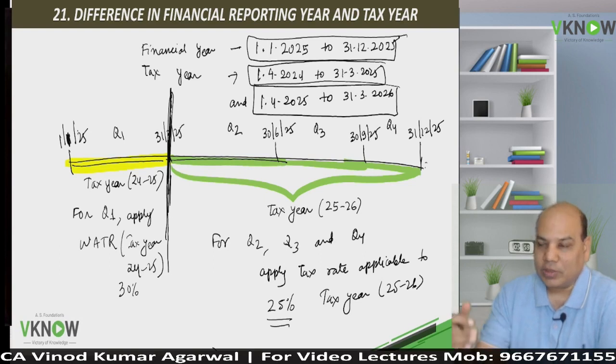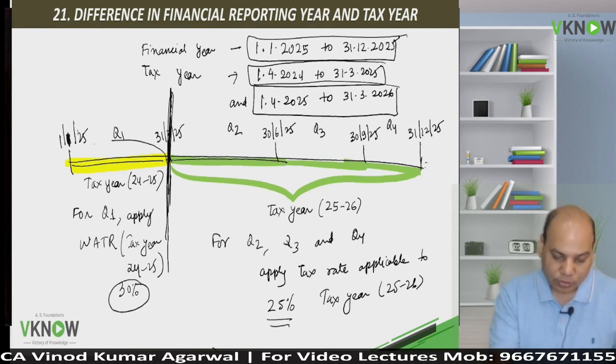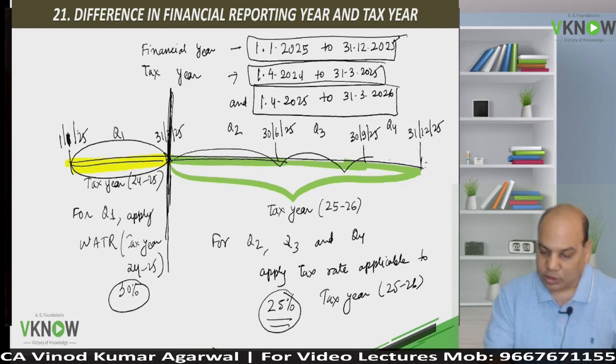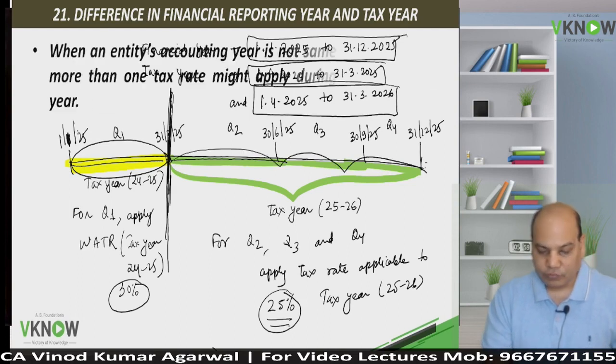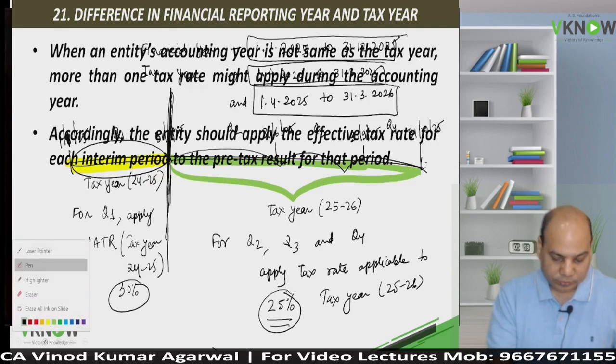The government might have reduced the tax rate, or it might have increased it. Second point, accordingly, the entity should apply the effective tax rate for each interim period to the pre-tax result for that period. So we are going to apply 30% for quarter 1 and 25% for quarter 2, 3 and 4.